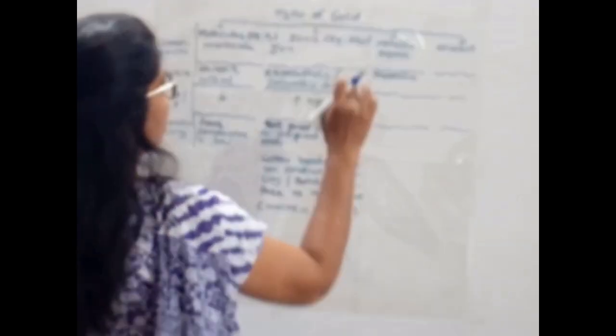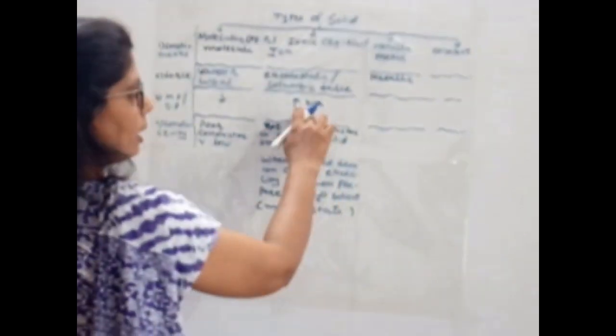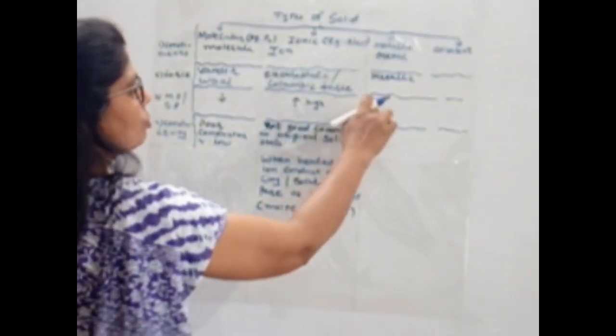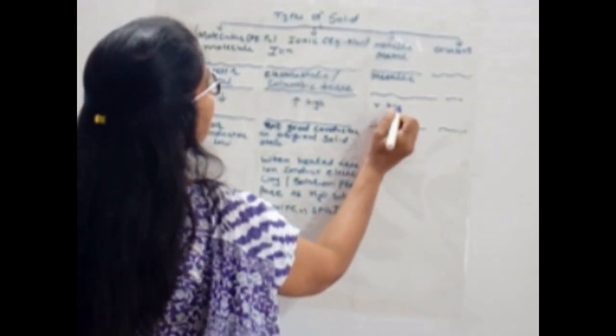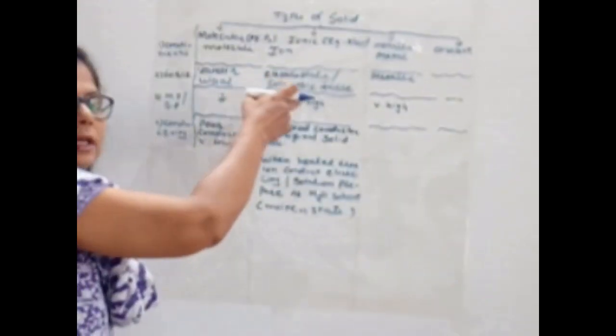Now after that the melting point is very high as compared to ionic solid. We are comparing with molecular solid, then ionic solid melting point is high.